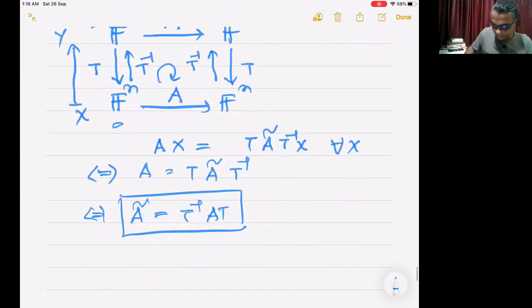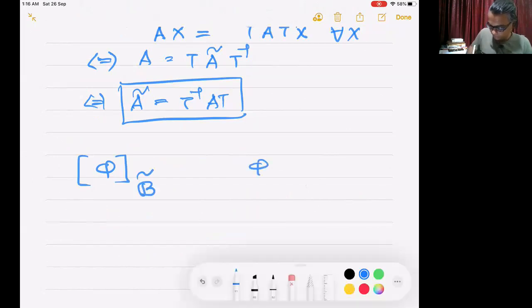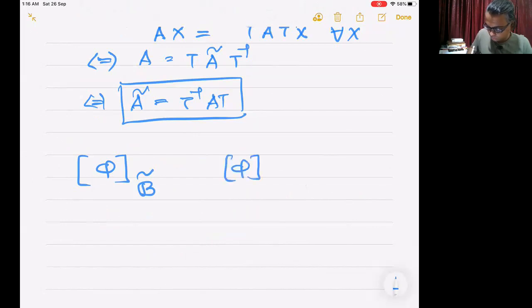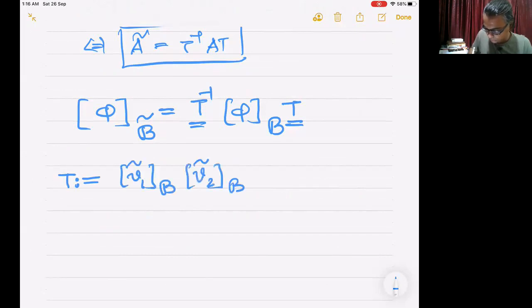Yeah, so more elaborately, phi in the new basis and phi in the old basis, they are related by T inverse AT, where this T is what? T happens to be the matrix that is defined by V1 tilde in the old basis, V2 tilde in the old basis, up to Vn tilde in the old basis, written as columns.